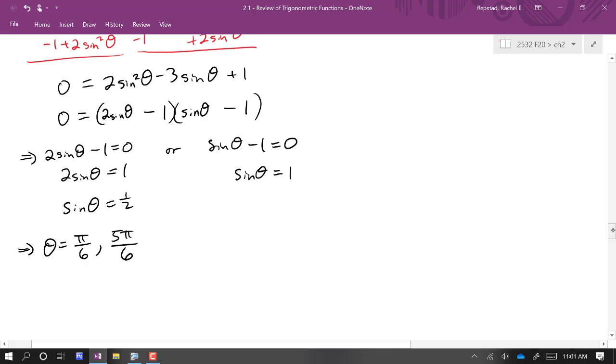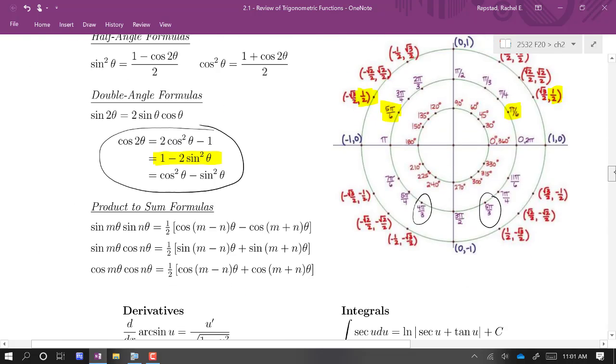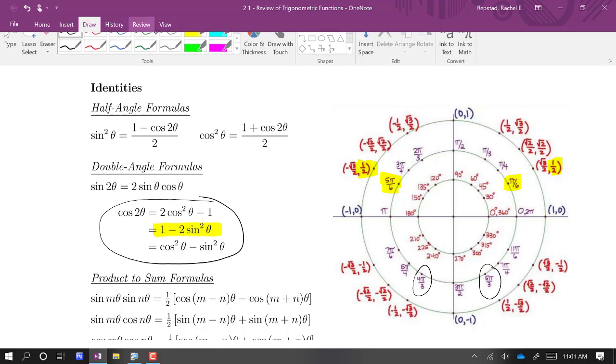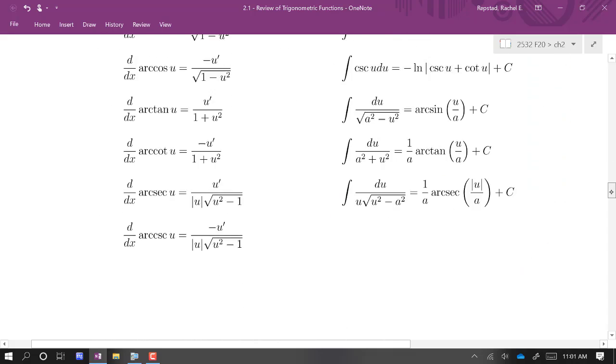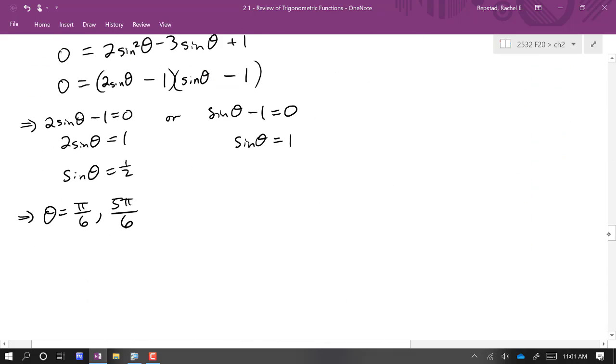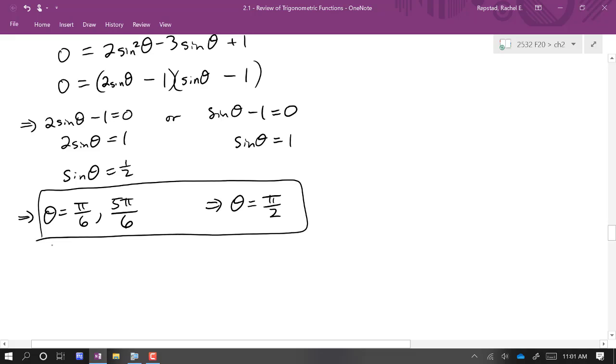And sine theta equals 1. Well, if the y-coordinate is positive 1, then that means we're at the top of the circle here, and that's the angle pi/2. And those are our solutions.